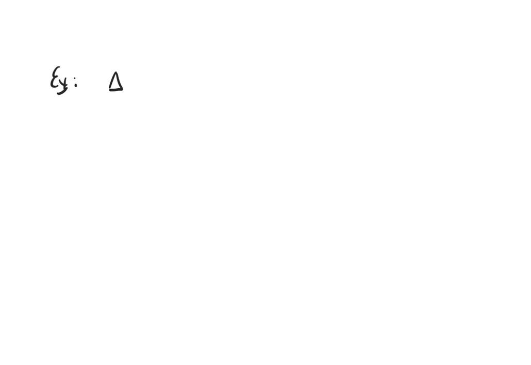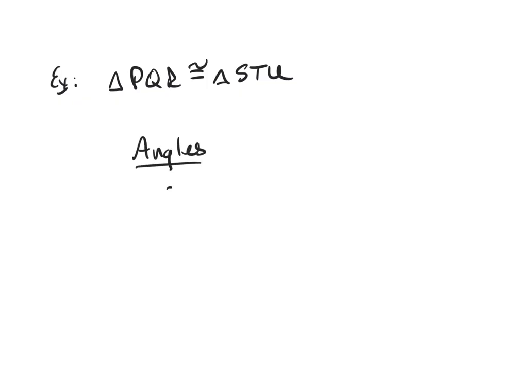As an example, if I were to give you triangle PQR is congruent to triangle STU, I don't even need a picture to identify which angles are going to be corresponding, therefore equal, and which sides are corresponding and therefore equal. I don't even need the picture. I can do that from the statement.